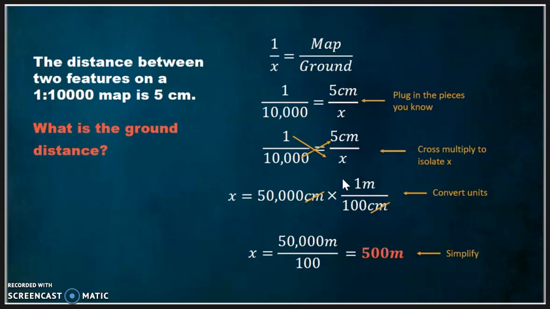And again, we'll take that simple conversion, 1 meter over 100 centimeters, and again you solve for that. So you would take 50,000 and divide it by 100, and that is going to give you your 500 meters for your ground distance.